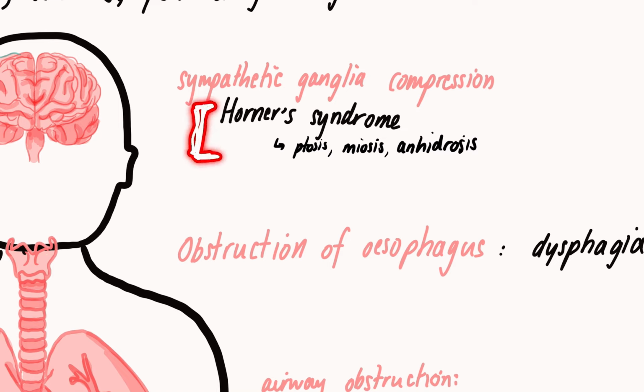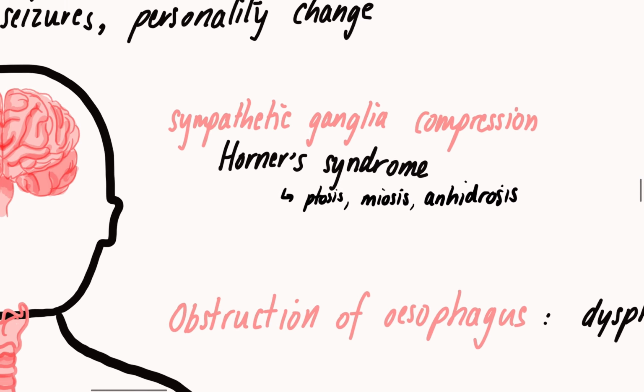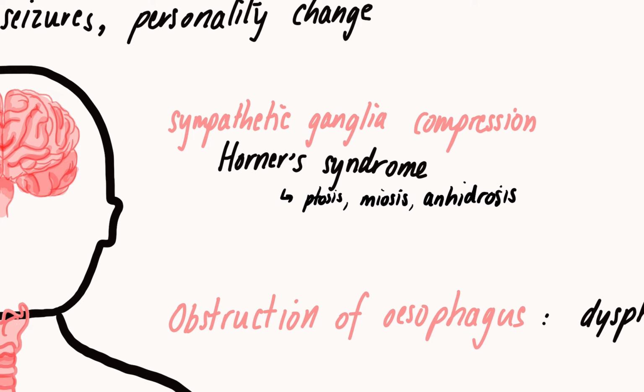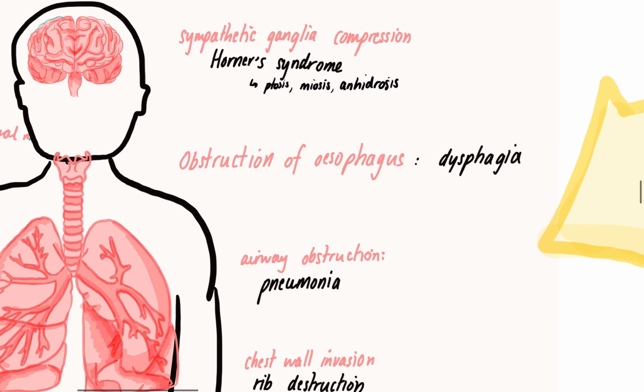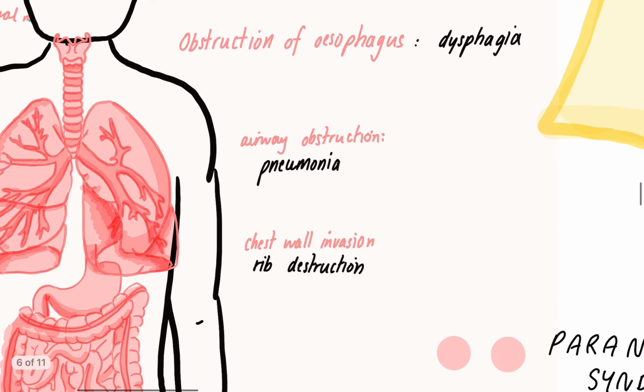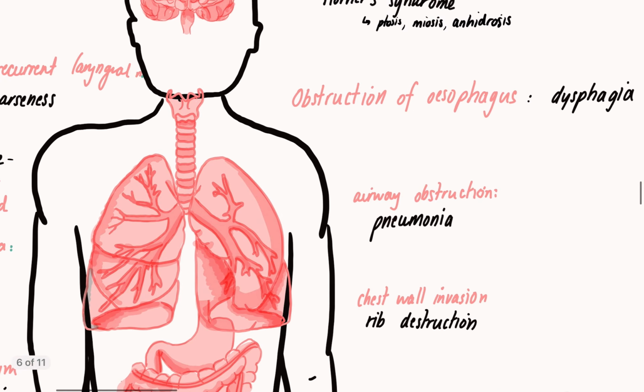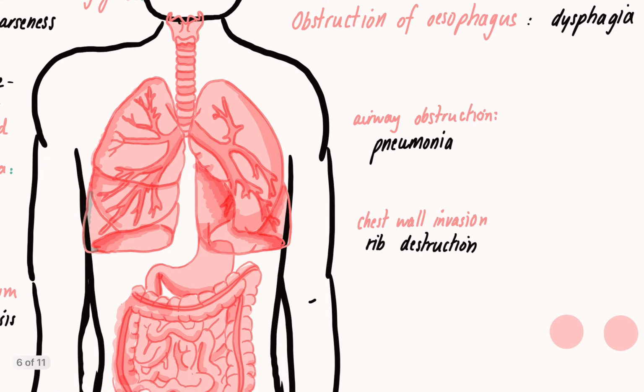We look for partial drooping of the lid or ptosis, miosis, which is a fixed constricted pupil, and anhidrosis, or lack of sweating. And this is due to the possible compression of the superior cervical ganglion by an apical lung tumor. You can also get obstruction of the esophagus, leading to dysphagia, airway obstruction, leading to pneumonia, and chest wall invasion, leading to rib destruction.